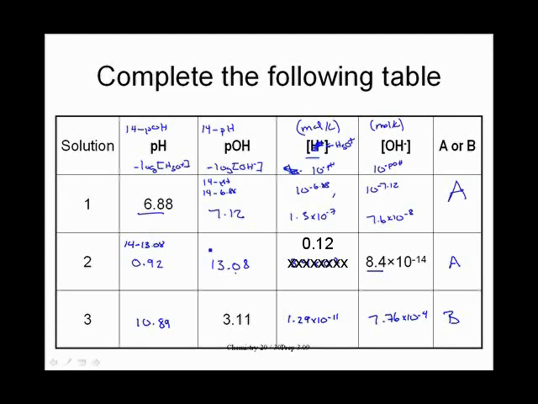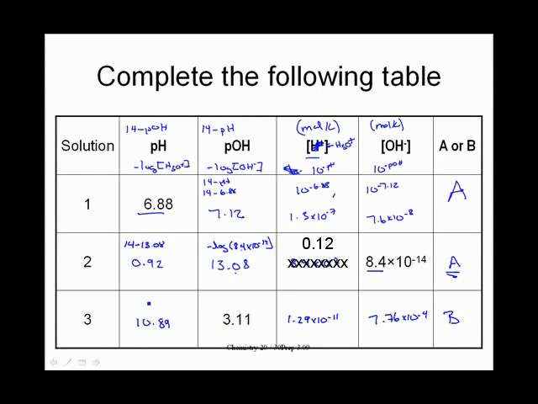For my 13.48, I did the negative log of 8.4 times 10 to negative 14. And again, same idea. My pH is below 7, my pOH is above 7. Both of those things tell me this solution is an acid.